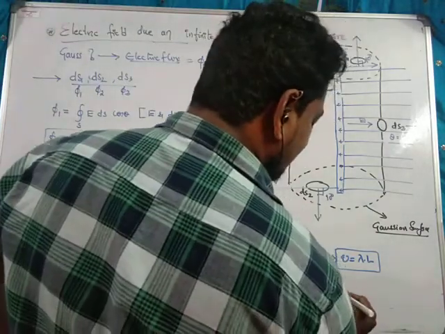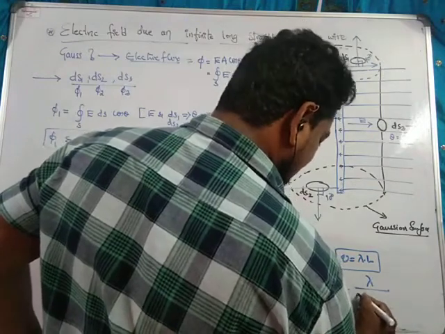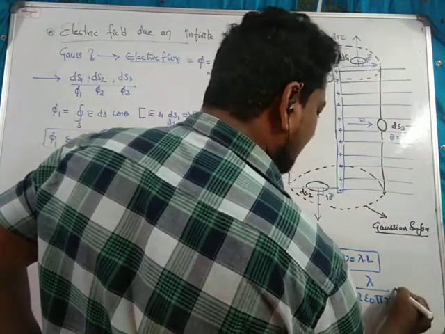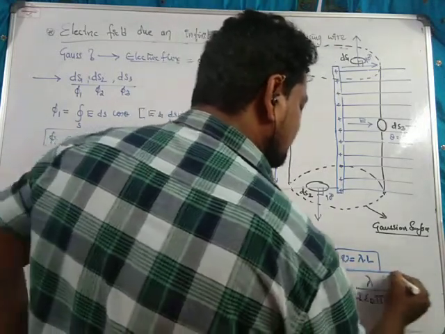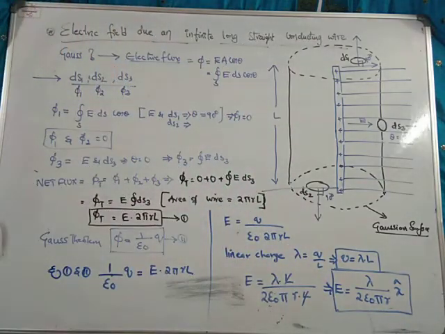At the end we get the value of E is equal to lambda by 2 epsilon naught π r, along the x direction. This will be the electric field due to an infinite long straight conducting wire.